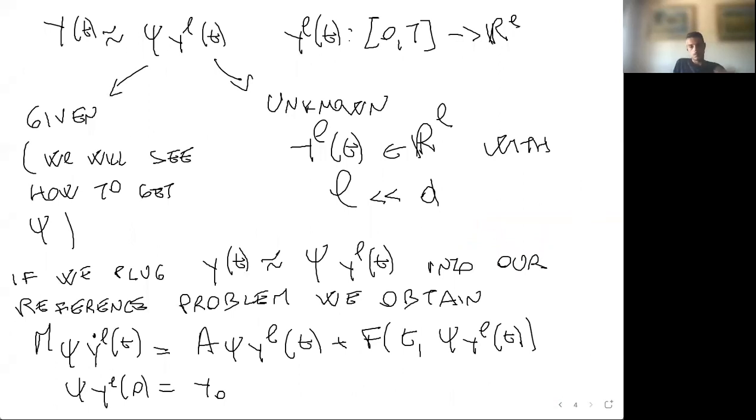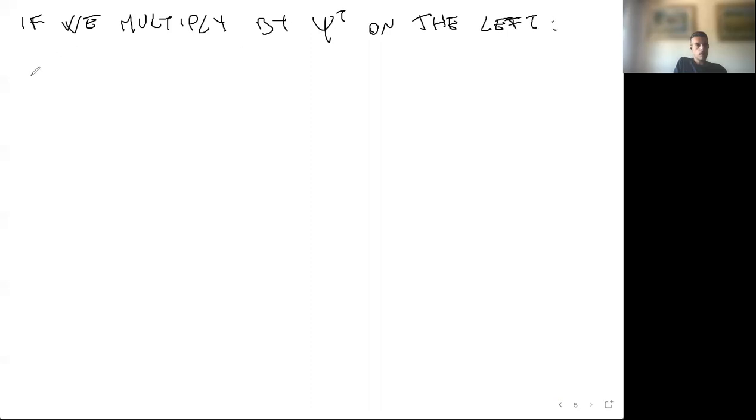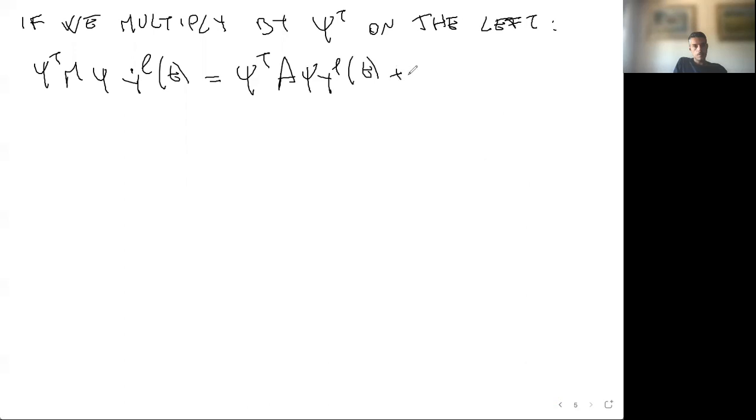So now we have this problem. If we multiply by psi transpose on the left, we obtain psi transpose M psi y dot L of t equal psi transpose A psi YL of t plus psi transpose f of t.